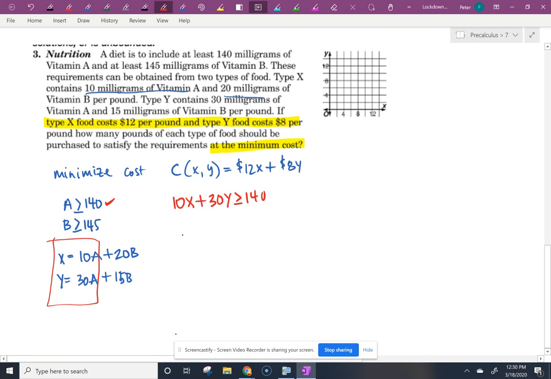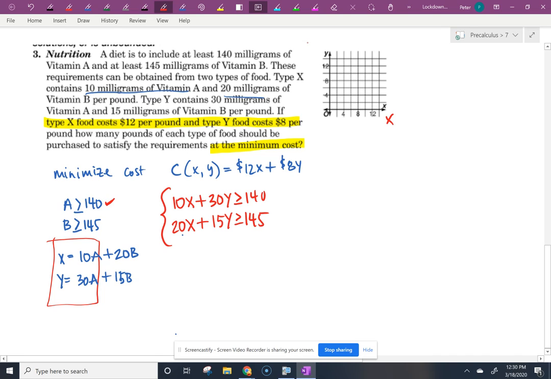Then do the same thing with vitamin B: 20 from product X and 15 from product Y has to be at least 145. There are my two constraints that will tell me how much X and how much Y I should buy.